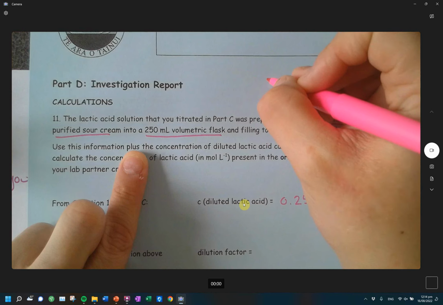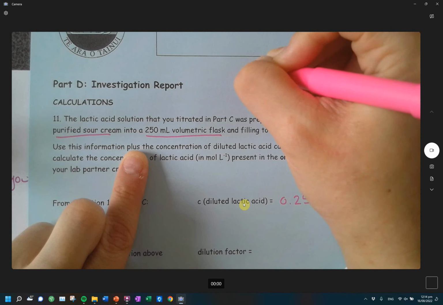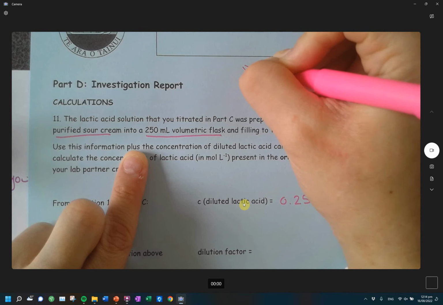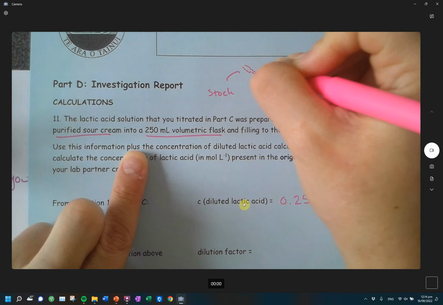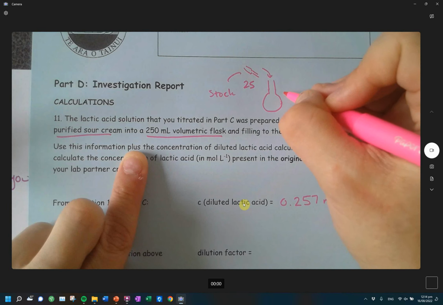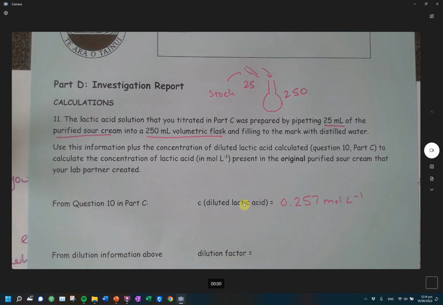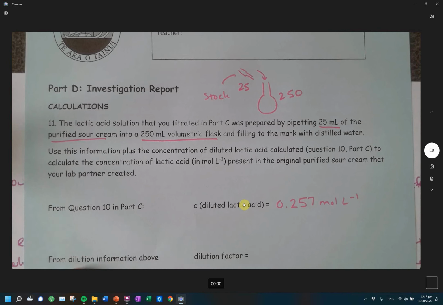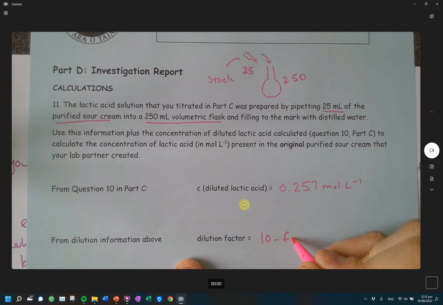So I had my little round bottom flask, I had my little pipette, and I put some of my stock from there into there. That was 25, and this was 250. So what dilution is that if I'm doing 25 into 250? Tenfold. So my dilution factor was tenfold.